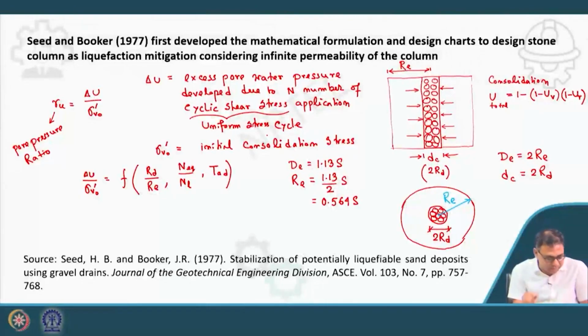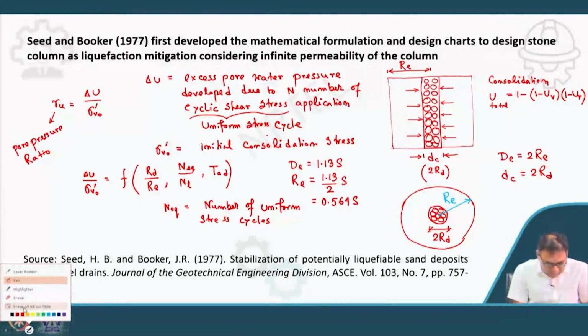What is the second term? N equivalent. What is N equivalent? N equivalent is the number of uniform stress cycle. Okay, so here this one I should remove.